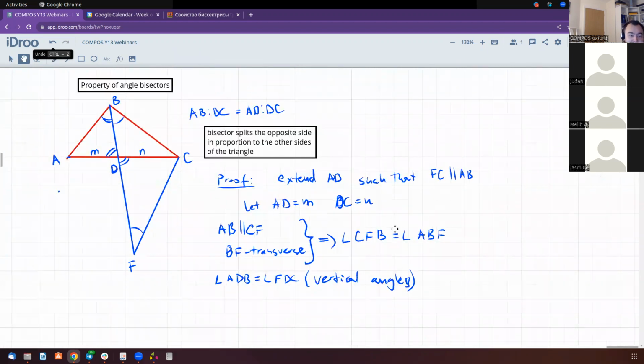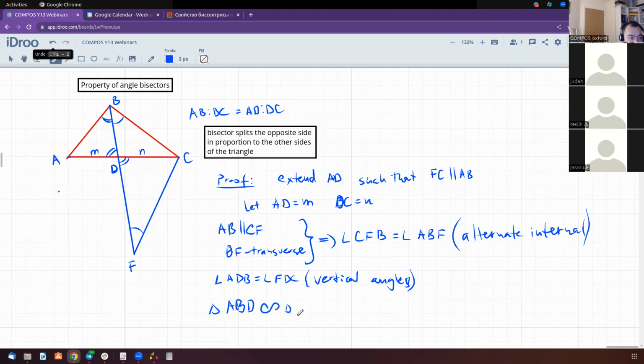And these are alternate interior angles. So that tells us triangle ABD is similar to triangle CDF.